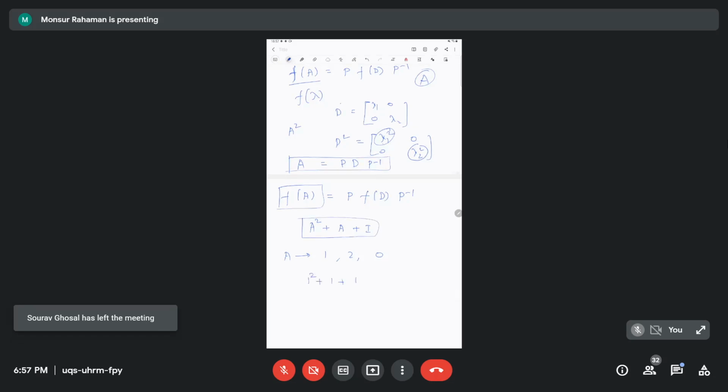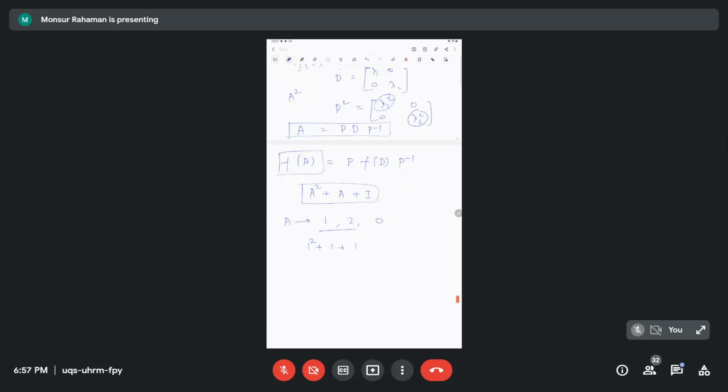For 1: 1 square plus 1 plus 1; for 2: 2 square plus 2 plus 1; for 0: 0 plus 0 plus 1. So this is 3, 7 and 1. These are the eigenvalues of f of a, but the eigenvectors will not change.